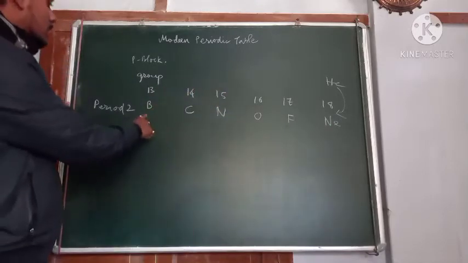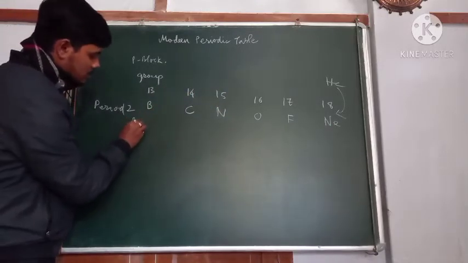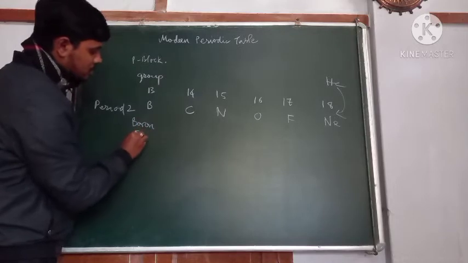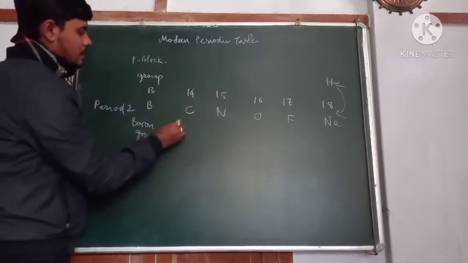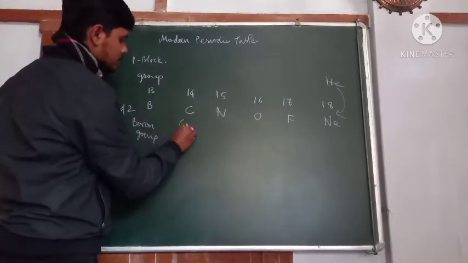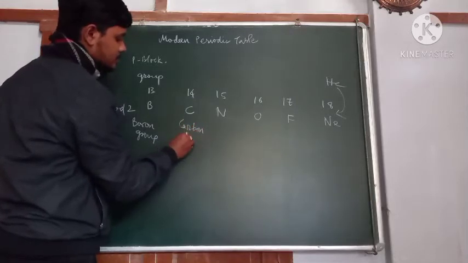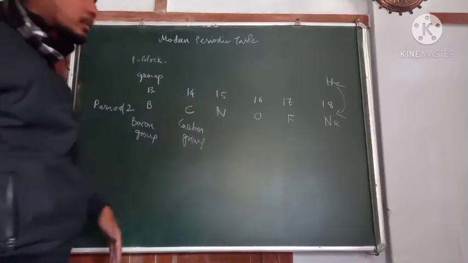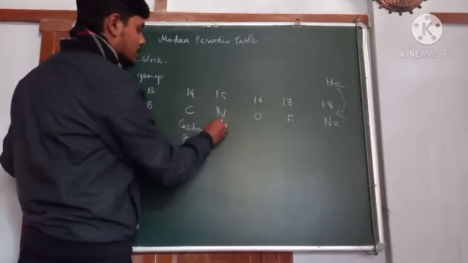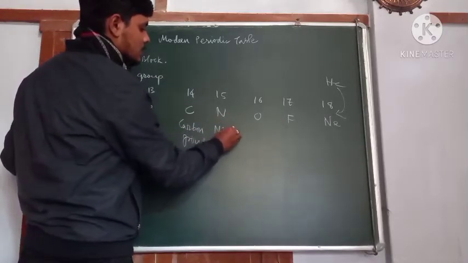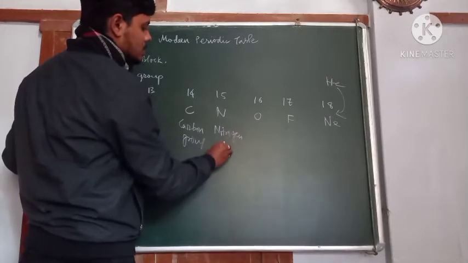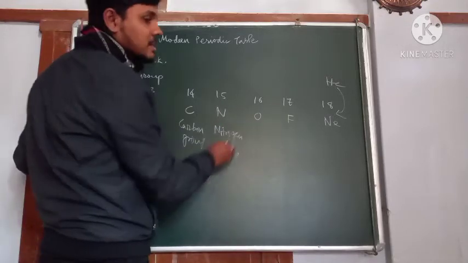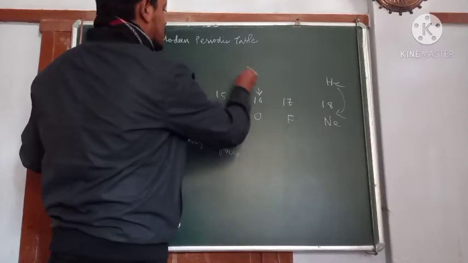So this group 13 is called the boron group. This is the carbon group. This is the nitrogen group. So this is the oxygen group, which is also called the chalcogen group.